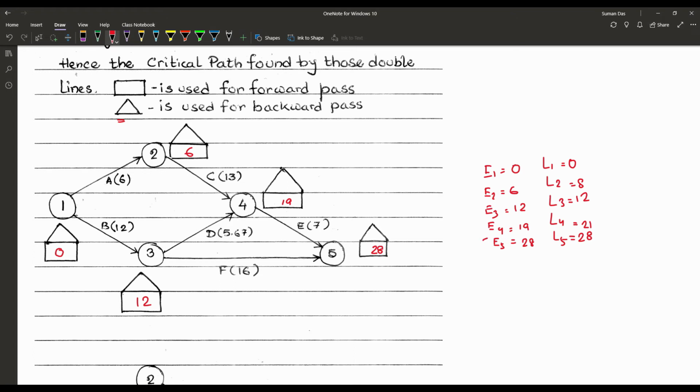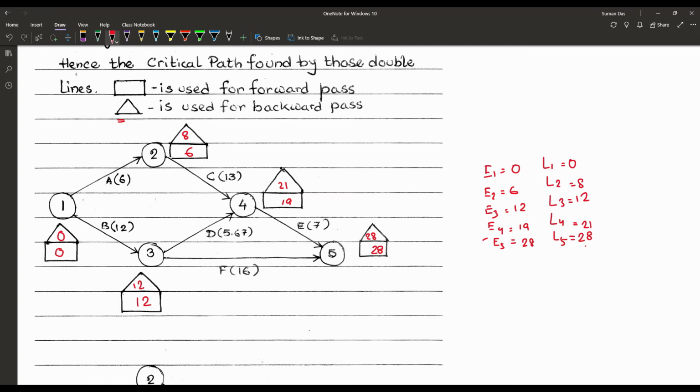Okay, then for the backward pass, that means L5, that is 28, L4, that is our 21, L3, that is our 12, L2, that is 8 and L1, 0.